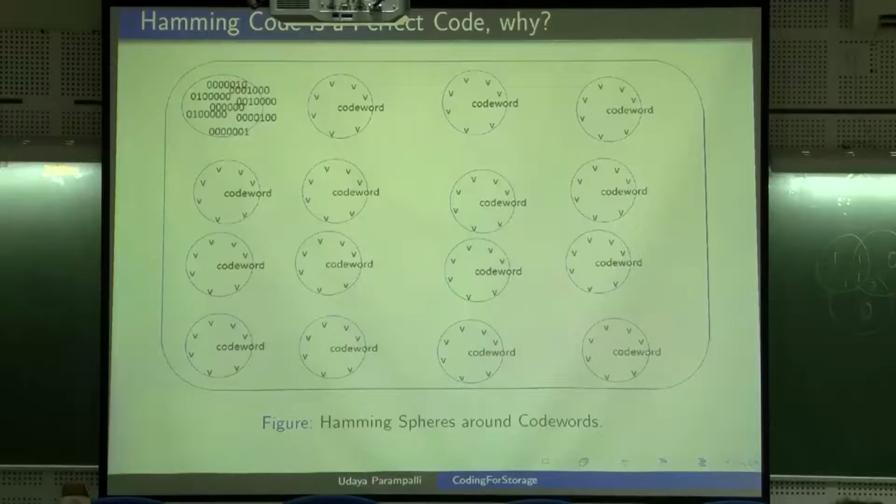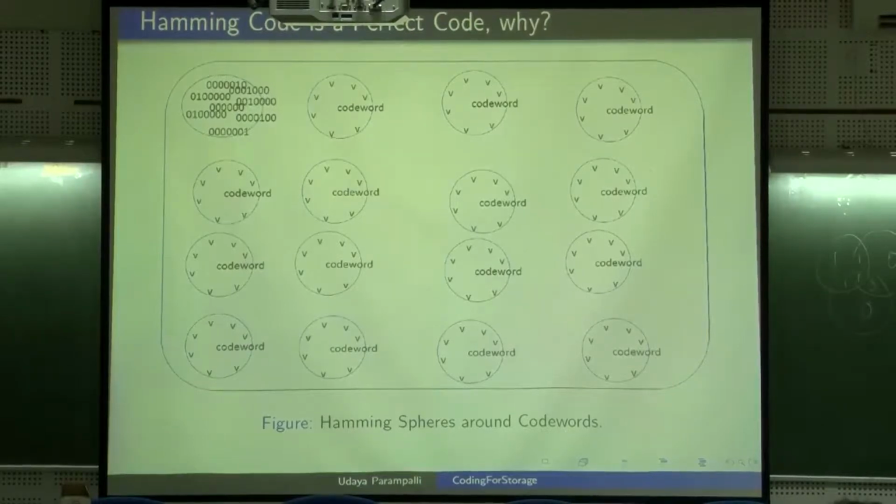Hamming code is a perfect code. Why? We have decided that the length is 7, with k equal to 4 initially.